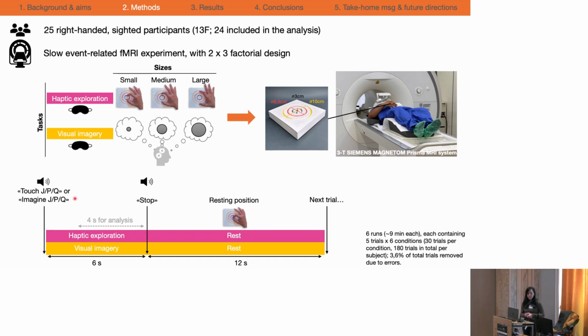As you can see, in order to prevent auditory instructions from conveying information about the spatial magnitude of stimuli, we didn't use words like small, medium, and large. Instead, we used letters, J, P, and Q, to be randomly associated with the 3 stimulus sizes. So we trained participants to learn the letter size associations before the onset of the experiment.